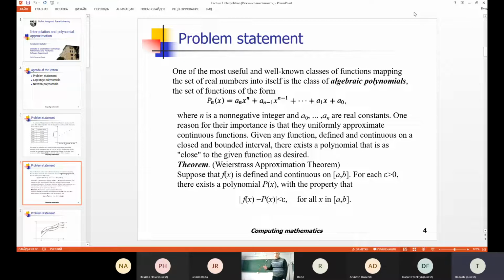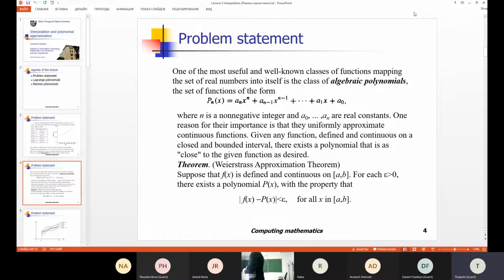Suppose that f of x is defined and continuous on the interval from a to b, and for each epsilon greater than 0, there exists a polynomial p of x with the property that the absolute value of f of x minus p of x is smaller than epsilon for all x between a and b.